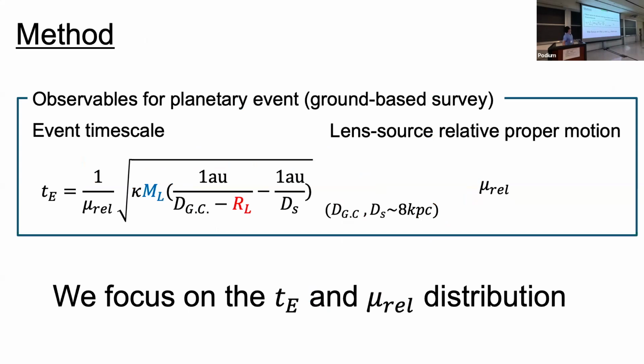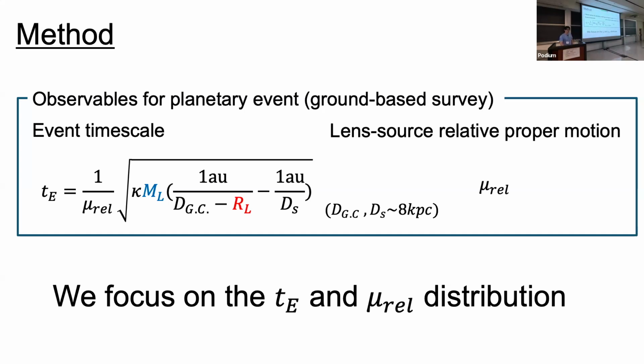In a ground-based microlensing survey, we can measure two types of parameters as information on the lens system. The first one is the event time scale tE, and the second one is the lens-source relative proper motion mu. tE can be written as a function of ML and RL, so it has a strong relation with ML and RL. And mu is also strongly related with RL because, for example, when RL is small, that means the system is in the galactic bulge, and mu becomes very fast.